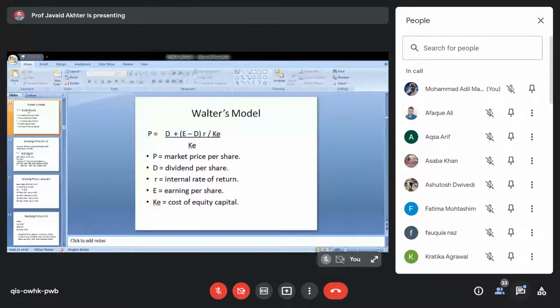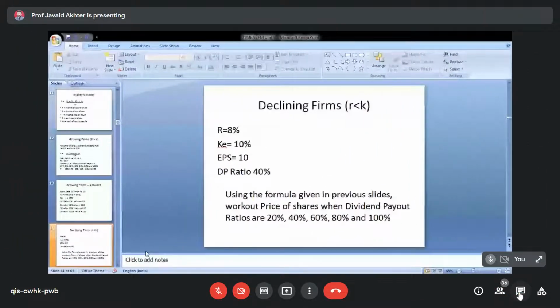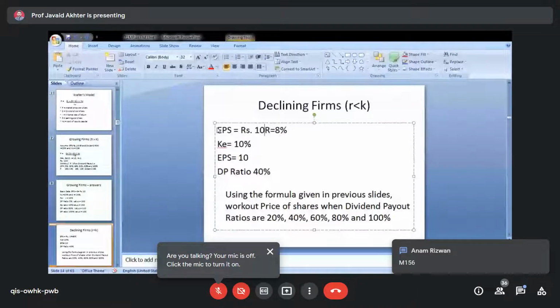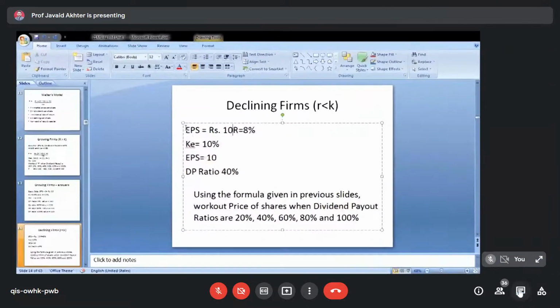come to this slide, that is, using this data: 20, 40, 60, 80 and 100, assuming that EPS is rupees 10, and R is 8, K is 10.